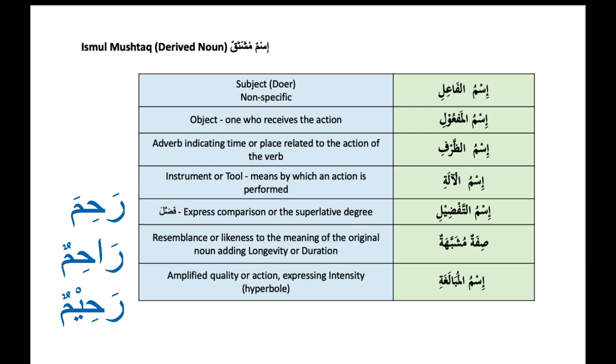Other isms like this, rahimun, kareemun, hakeemun, alimun, they all refer to Allah. But the other term, rahimun, that will refer to just a normal person. For example, the person by the name Rahim, we know, will have that spelling as Rahimun. But when it refers to Allah, it's Rahimun.